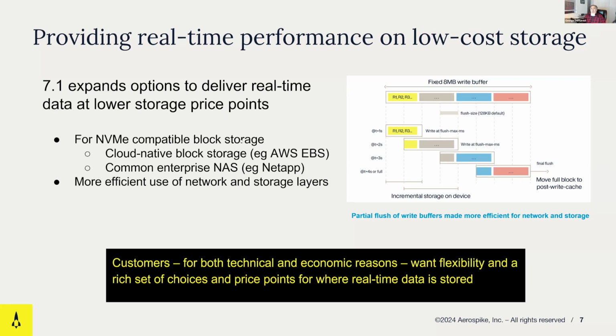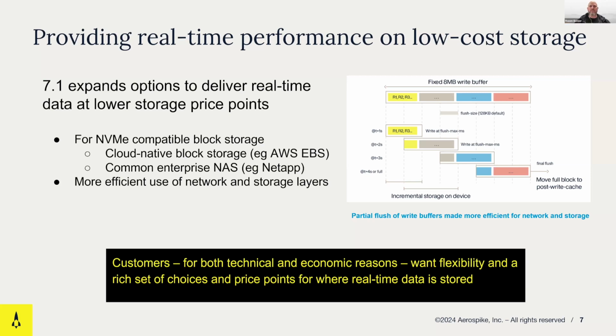Yeah, and the net is just more options for deployment, more options for cloud architects and for application architects and data teams to choose the characteristics they need, and Aerospike gives a lot of options. Definitely.